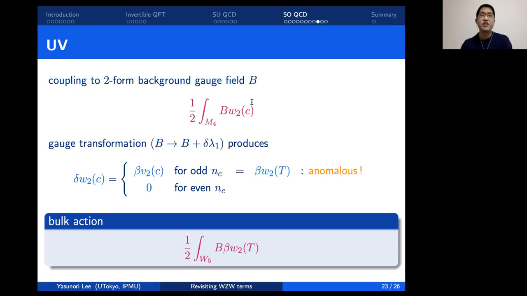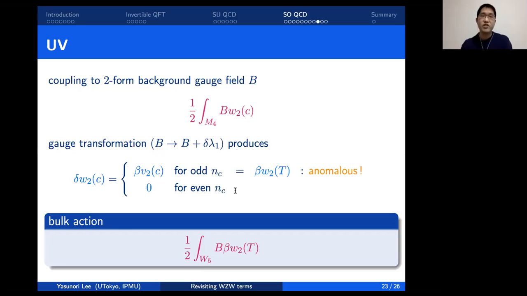Recall that since we are considering the theory on a non-spin manifold, what we actually have at this point is an SO over Z2 gauge bundle. And there was a non-trivial relation between w2 and v2 here, for 2N_c equal to 2 mod 4, or equivalently odd N_c.